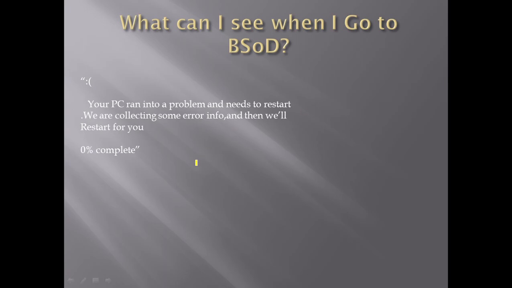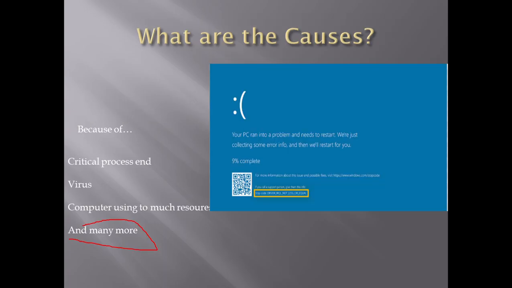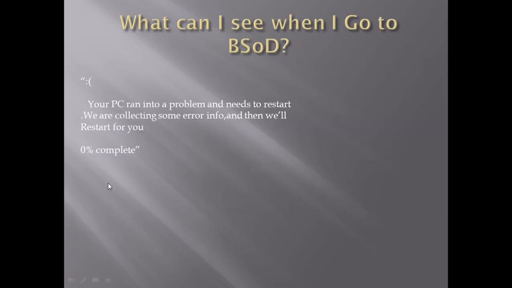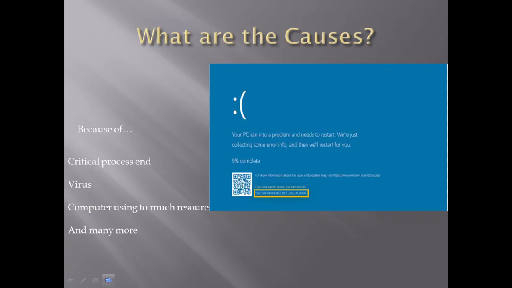I didn't mention this, but let's go to the last slide. It says, what are the causes? Remember I said what the causes are: a critical process ending, a virus, and the computer using too many resources. But how can I cause it? Well, you have to actually delete it.